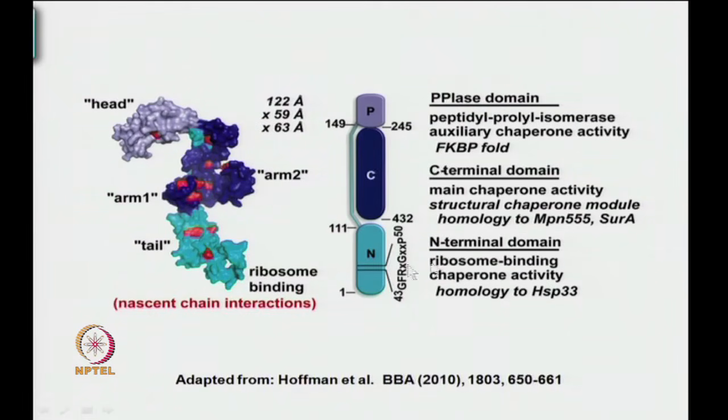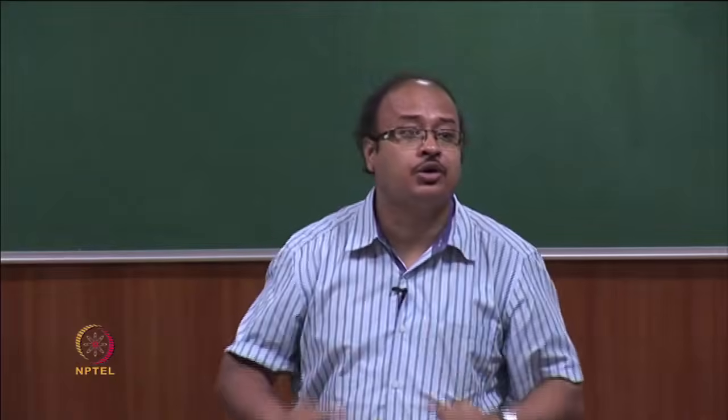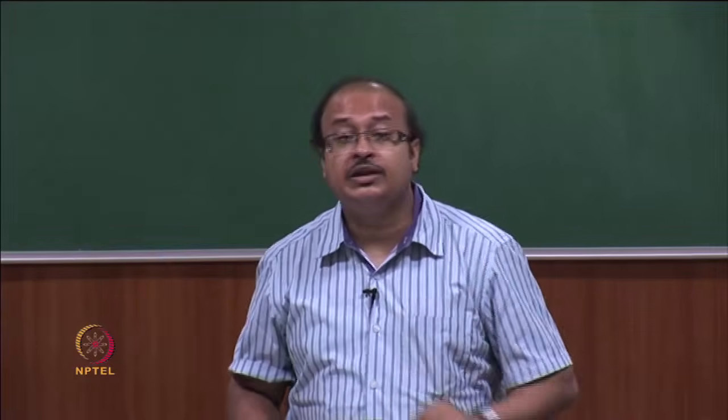This tail part is your N terminal domain, and it binds to the ribosome. And if you look at the sequence, this is a stretch of sequence which this N terminal domain has, and which is recognized by the L23 protein of the ribosome, so that the trigger factor can dock onto the ribosome through the L23 protein.